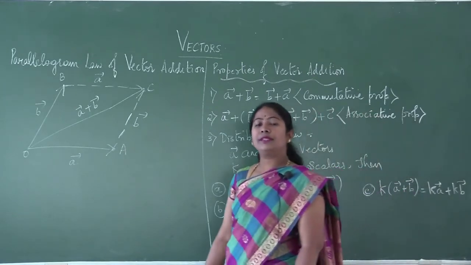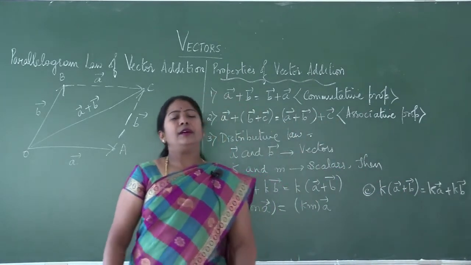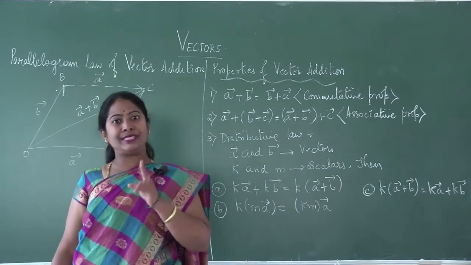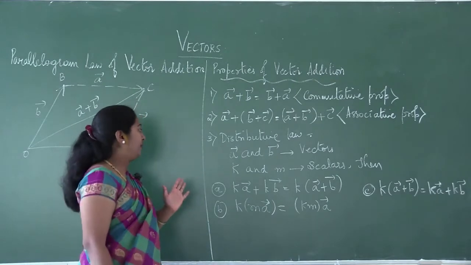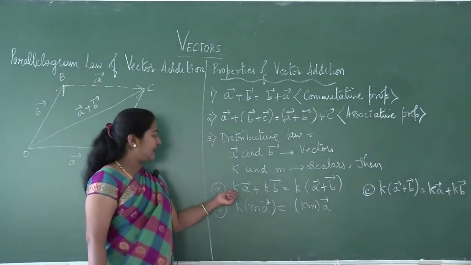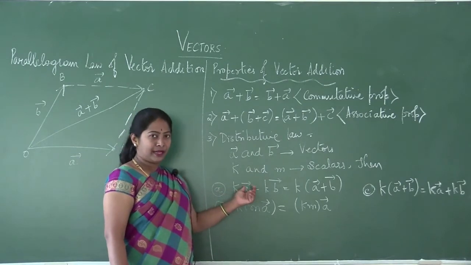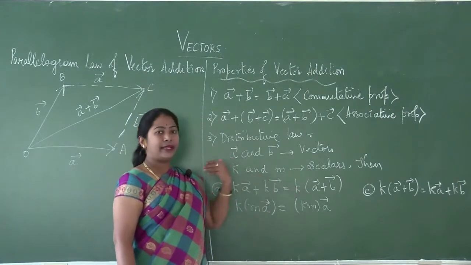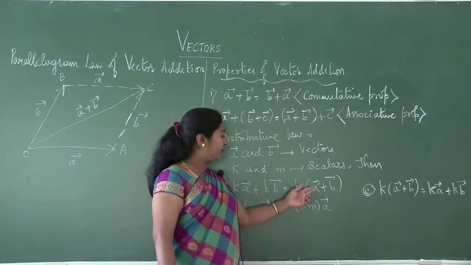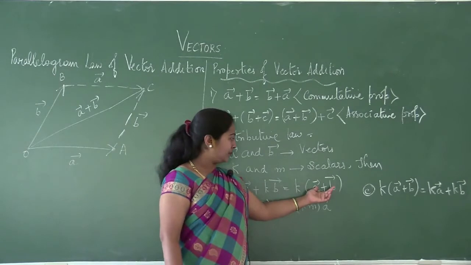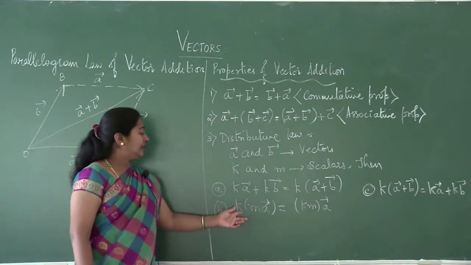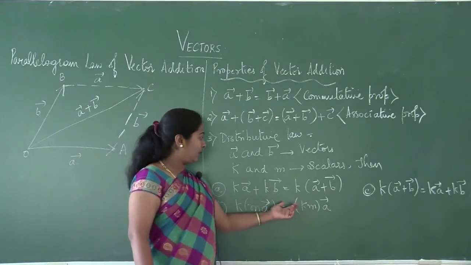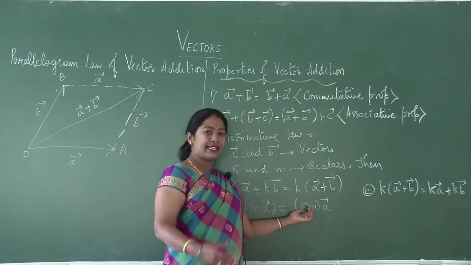Next, moving on to the distributive law. Consider any two vectors, vector A and vector B, and any two scalars, K and M. The first property states that K into vector A plus K into vector B can be written as K into vector A plus vector B, with K taken out as common. Second, K into M into vector A is equal to KM into vector A. That is, the scalars are grouped together.